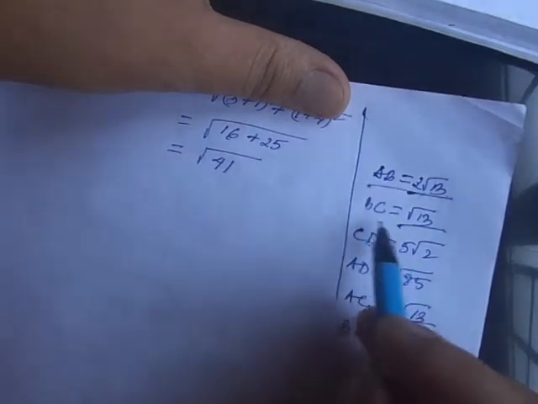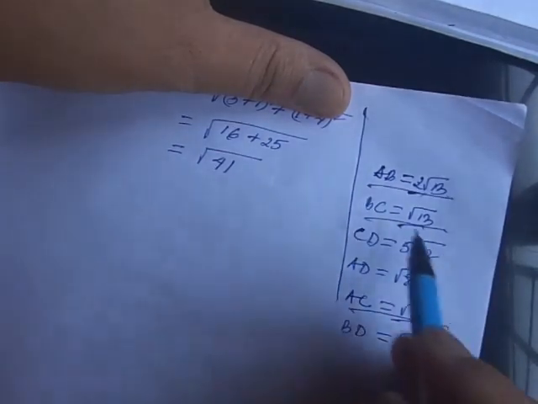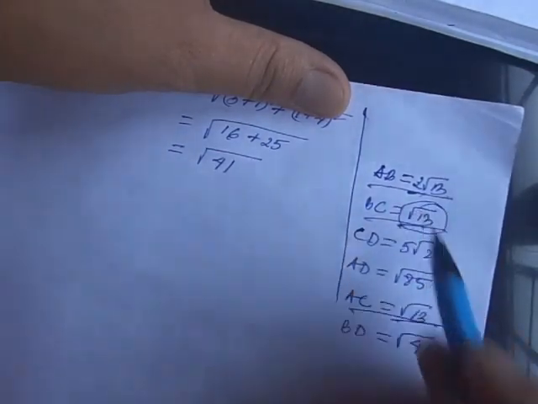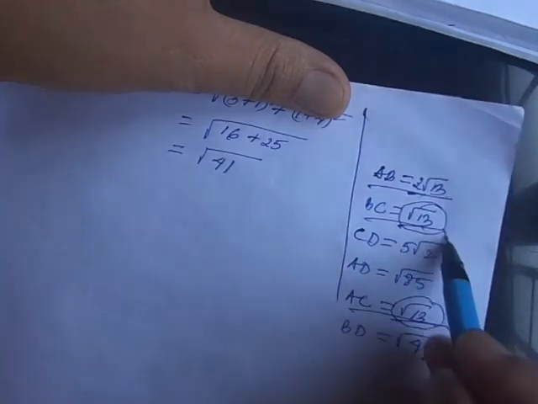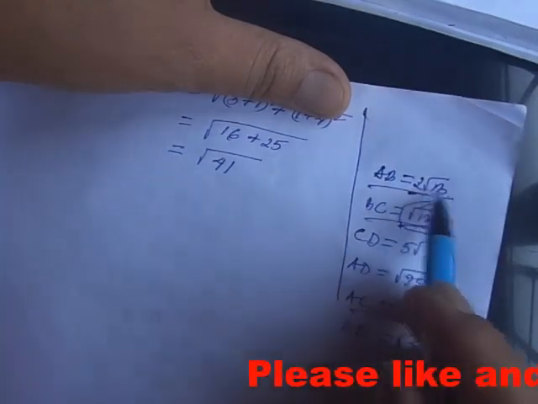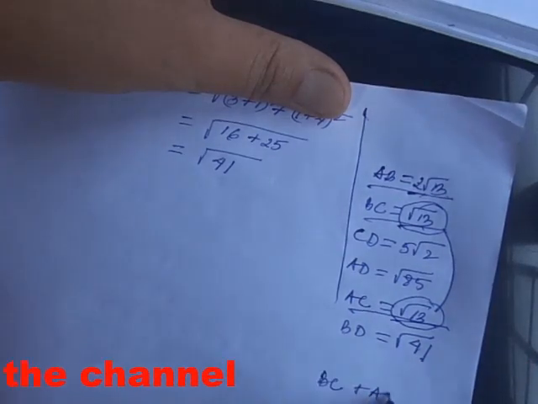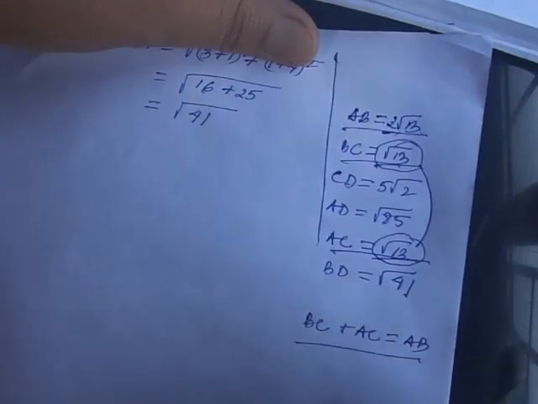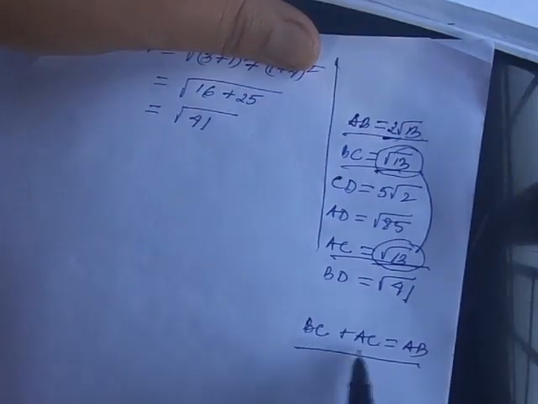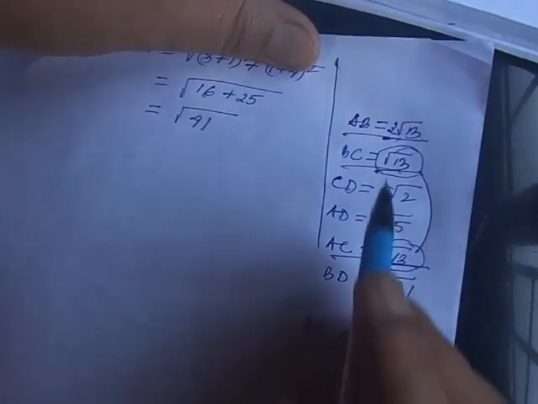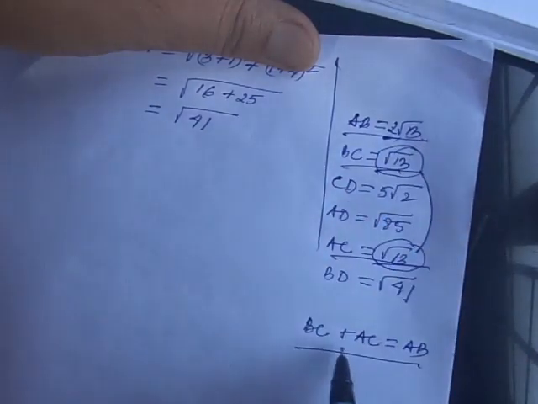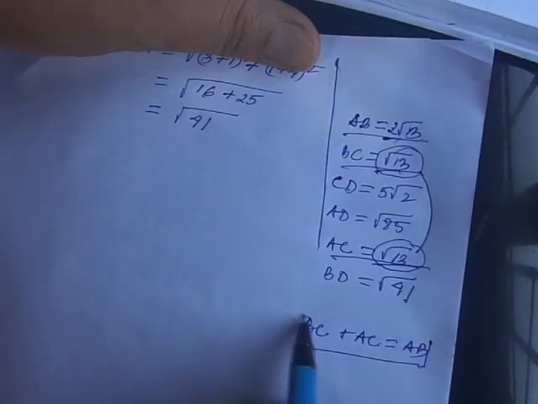So this EB, BC, AC: BC is root 13 and AC is root 13, and if we add these two, we get 2 root 13, which means BC plus AC equal to EB. So BC plus EC is equal to EB.